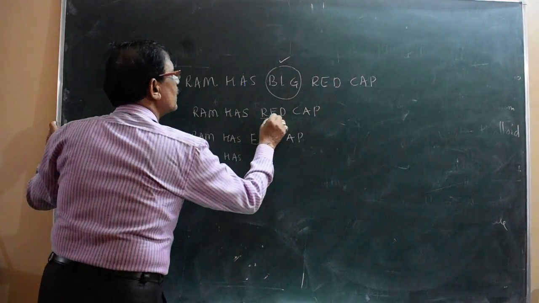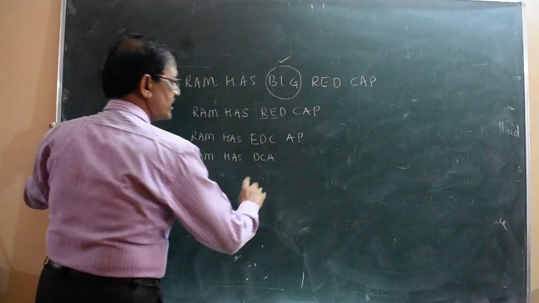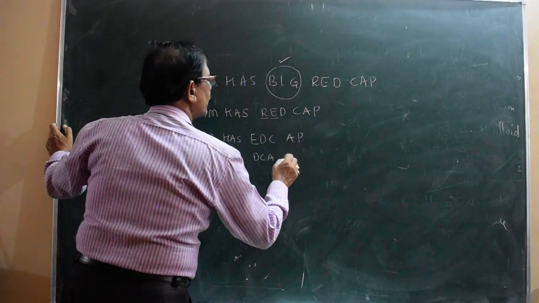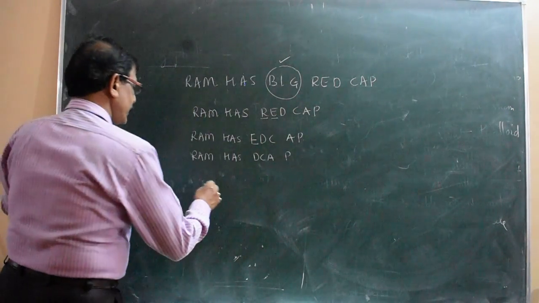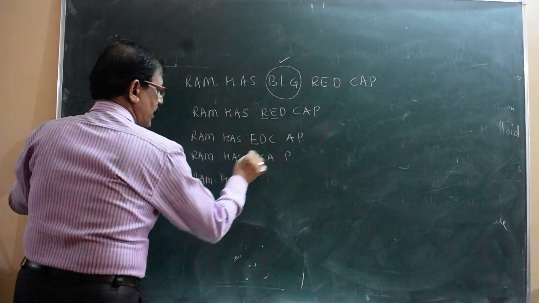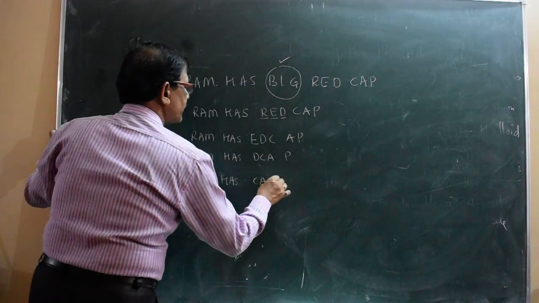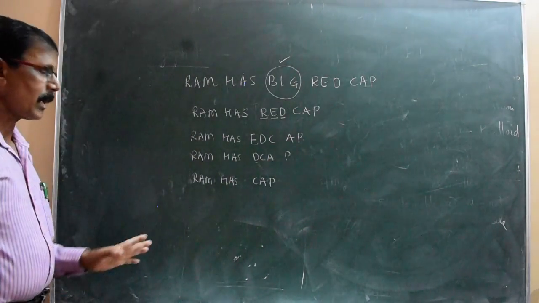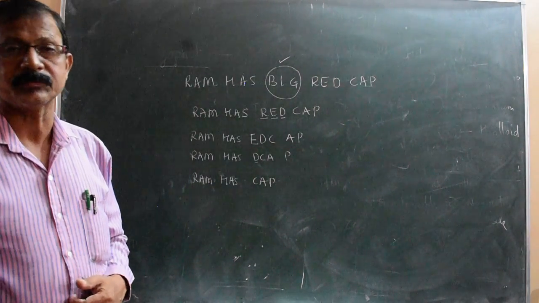Now once again I remove E. Now D, CA, and then here only P. Correct. And then lastly RAM has, I also remove D, and here the RAM has CAP. So RAM has cap. So what is removed? The red, a character removed.